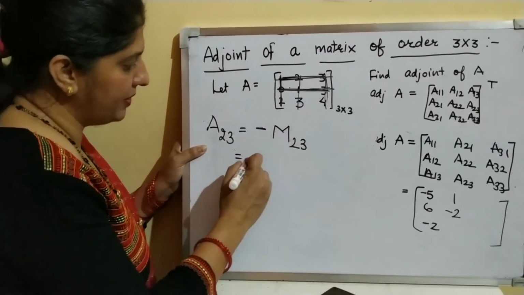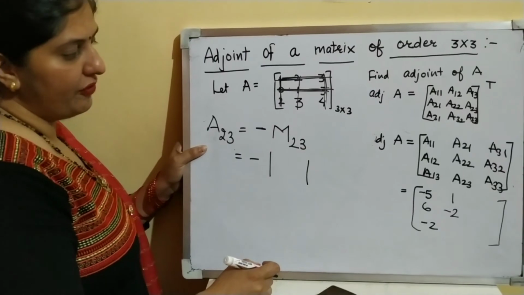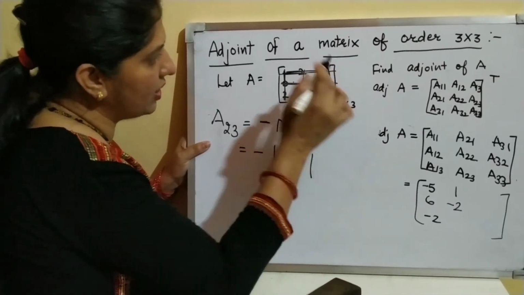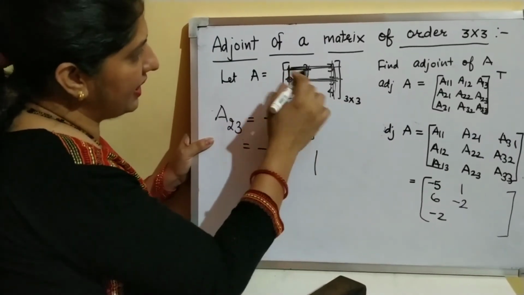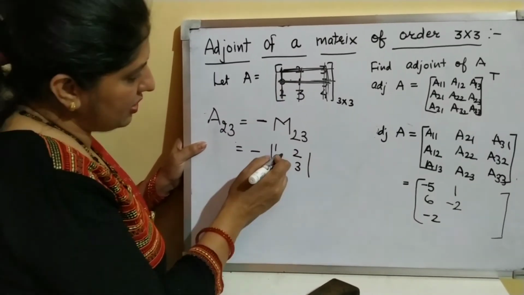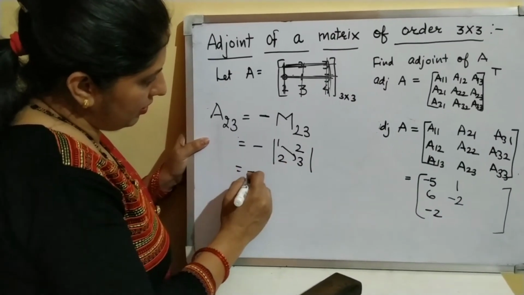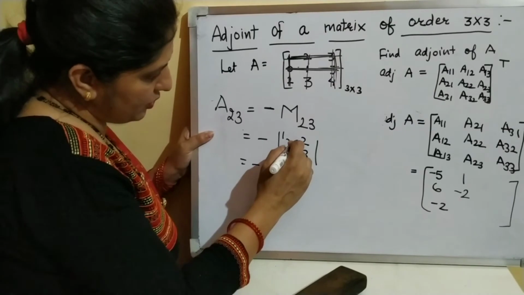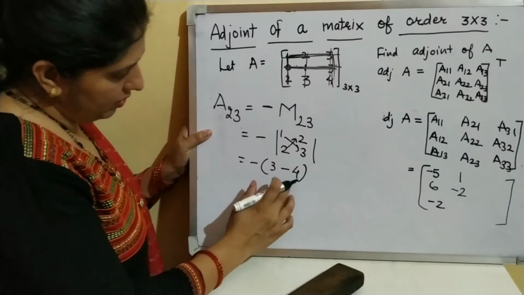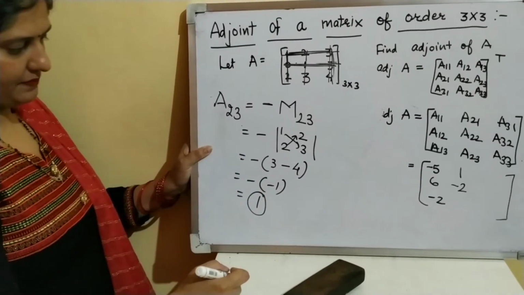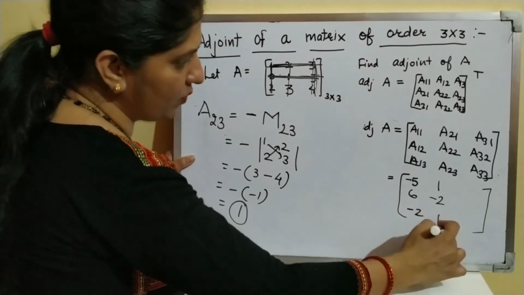Now take the determinant of the matrix obtained by deleting the second row and third column. Remaining entries are 1, 2, 2, 3. Just simplify it. Minus into 1 into 3, 3, minus 2 twos are 4. We get minus 1, and with the negative sign, 1. So A23 is equal to 1.